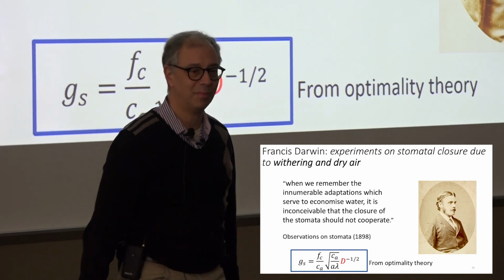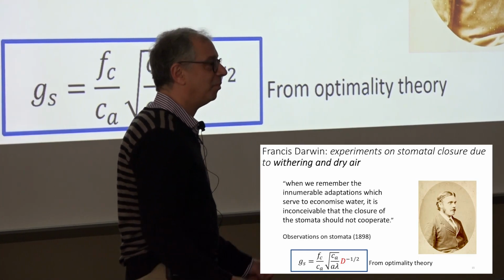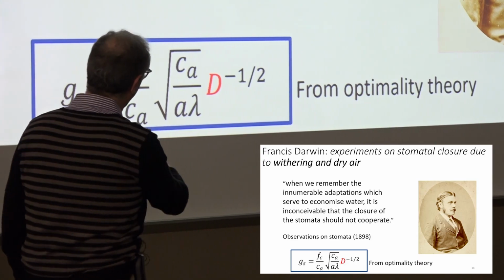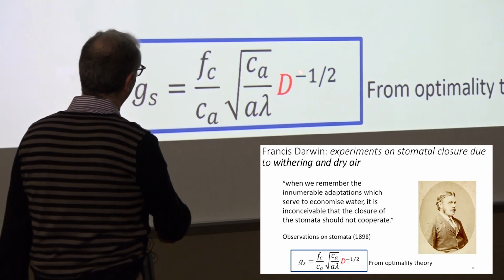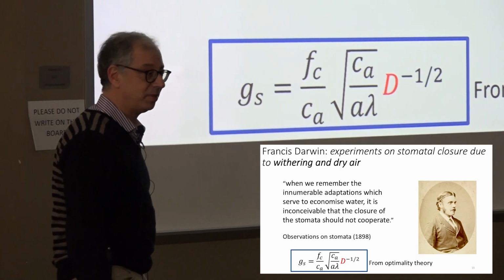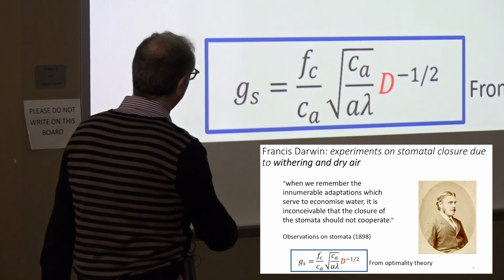Sorry about the multiple negatives here. That's how the writing style was at that time. This is not how we write today. And in fact, what has just happened from optimality theory is almost a mathematization of the stomatal conductance vapor pressure deficit relation. Okay, so this is all I want to say for now about the leaf.